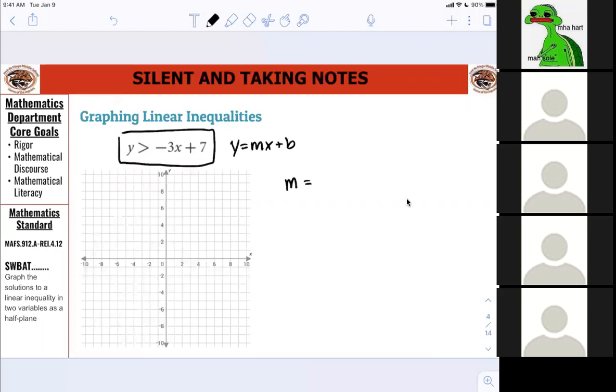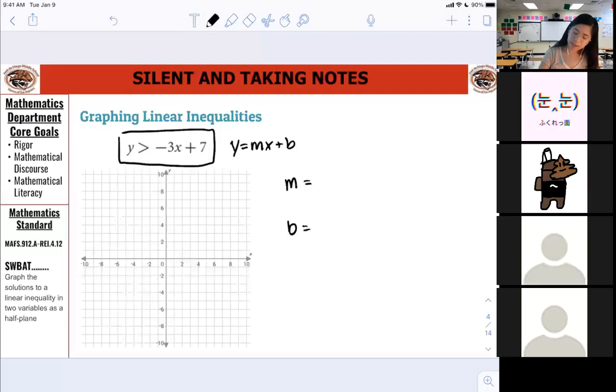I want to get to that at the end, but before I talk about that, let's just talk about the slope and the y-intercept. The slope is negative 3. And what's the y-intercept? 7. And then, like it was mentioned before, the greater than symbol tells us two things.